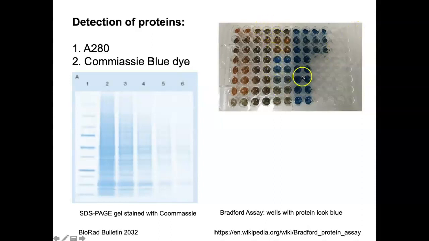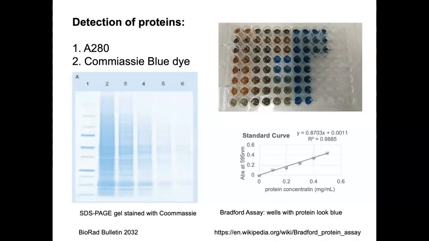And you can see the samples that have blue color are the ones that contain a lot of protein, a little bit less blue, less protein, no blue, no protein, right? And if you have a set of standards, proteins with known concentration, like usually BSA is used for the standard, then you can compare your protein to a standard, generate a standard curve, and quantify your protein in the sample.